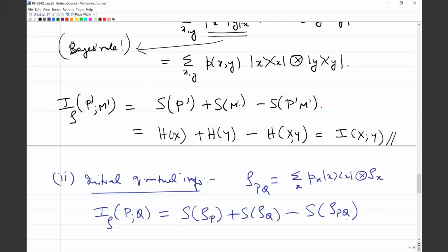So can you evaluate this for me? So this is P, this is Q. So you have to get the marginals, right? Then tell me what is the von Neumann entropy of P, Q, and from that subtract the von Neumann entropy of the bipartite joint state.